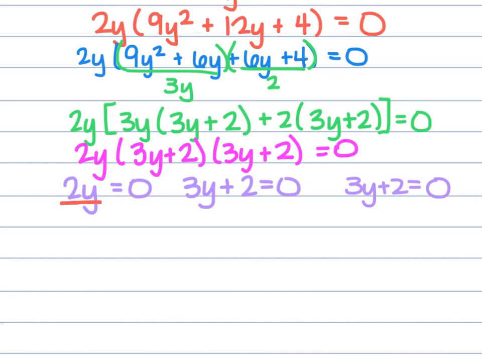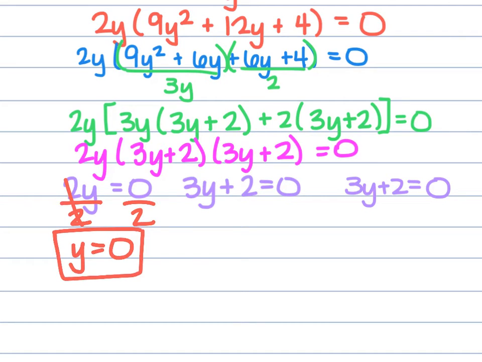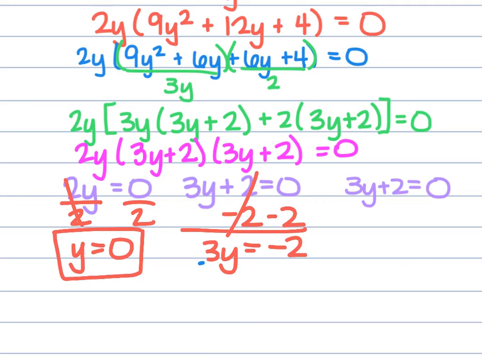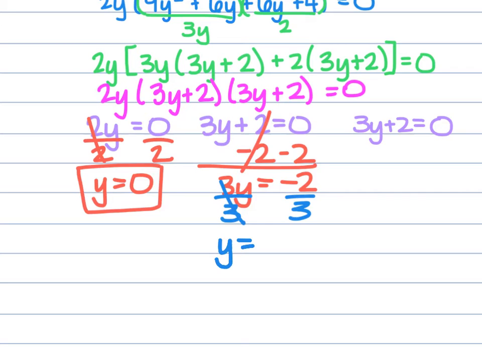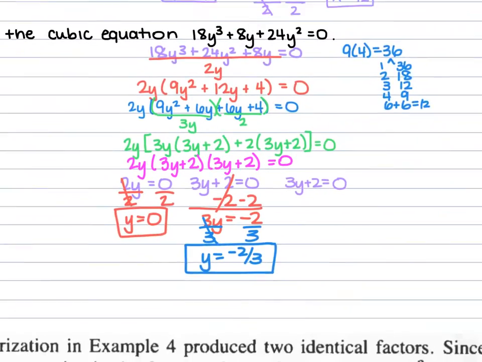For the 2y is equal to 0, divide each side by 2. We get y is equal to 0. That's one solution. For the 3y plus 2 is equal to 0, subtract the 2 from each side. We have 3y is equal to negative 2. Then divide each side by 3. We have y is also equal to negative 2/3. So y is equal to 0 and y is equal to negative 2/3 here.